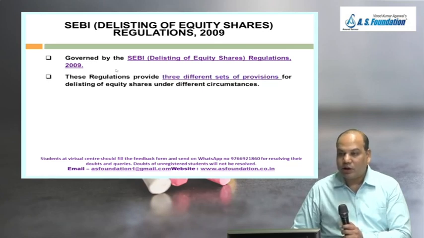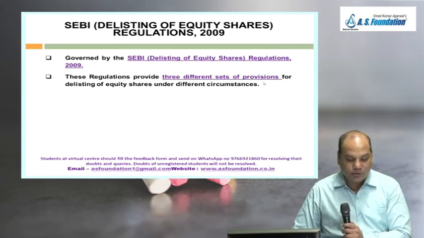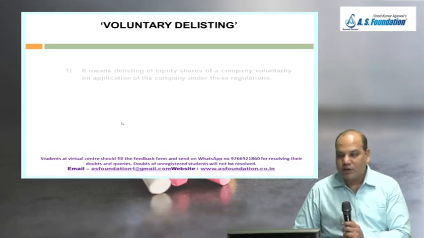Delisting regulations are governed by the SEBI delisting of equity share regulation 2009. These regulations provide three different sets of provisions. You will see point number 1, 2, 3 below. Three different sets of regulation for delisting of equity share under different circumstances.